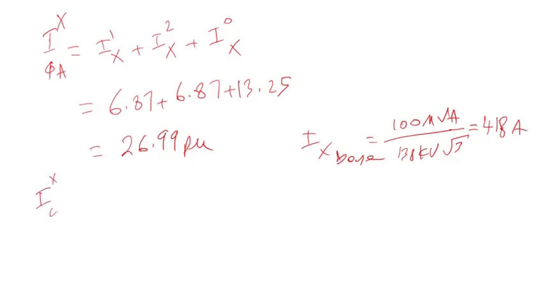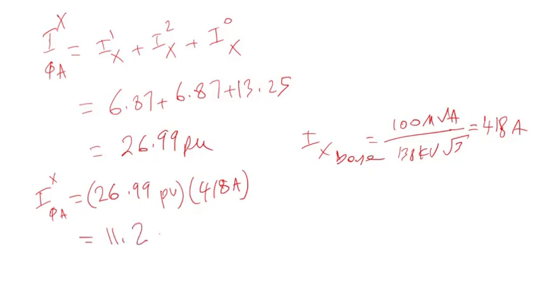So the low voltage winding phase A current is 26.99 per unit times 418 amps, which is 11.28 kA. Symmetrical. So for this line to ground fault on the low voltage winding side, the low voltage winding needs to be able to handle this current.